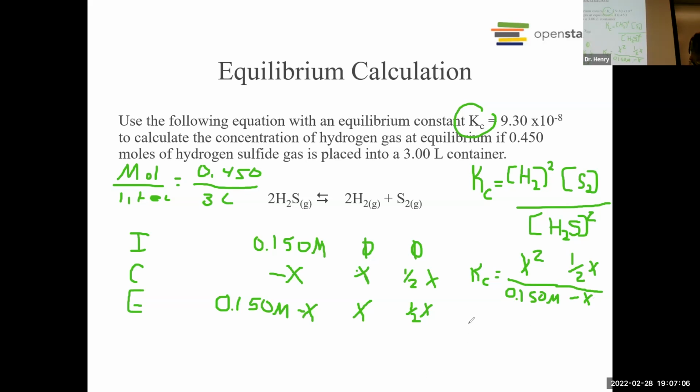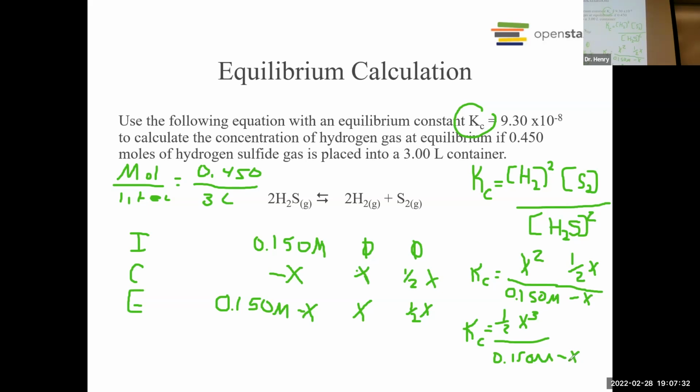So then you get Kc equals x cubed, 1/2 x cubed, all over 0.150 molar minus x.